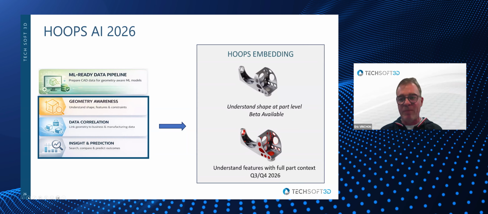If you think about the type of things we try to do in our industry, we try to automate the generation of PMI and automate manufacturing processes. So understanding that you have a hole in a part is not enough. You need to understand the context of this part. Is this part a toy, or is it a component used for aerospace? That's the type of model that we're trying to build.